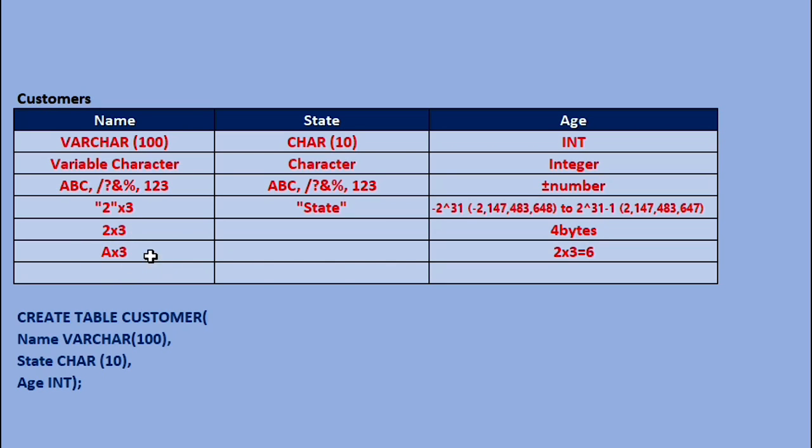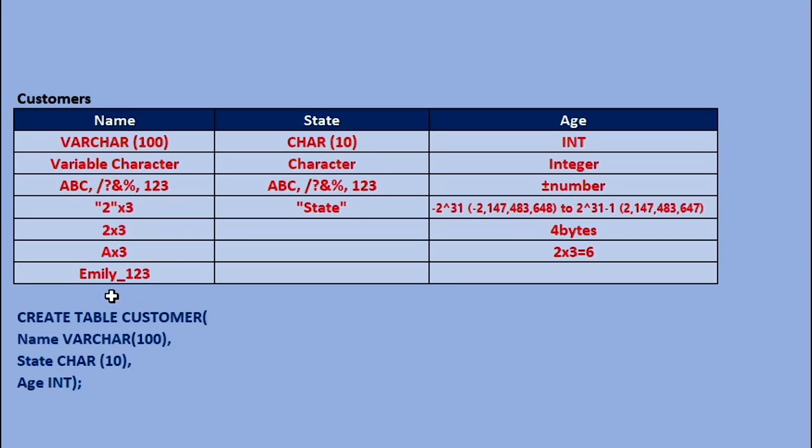Now, when can we write a number in the varchar data type? For example, we have a username column and we can have our username like Emily underscore 123. As you can see, this username includes alphabetical letters, a special character like underscore, and numbers like 1, 2, 3.